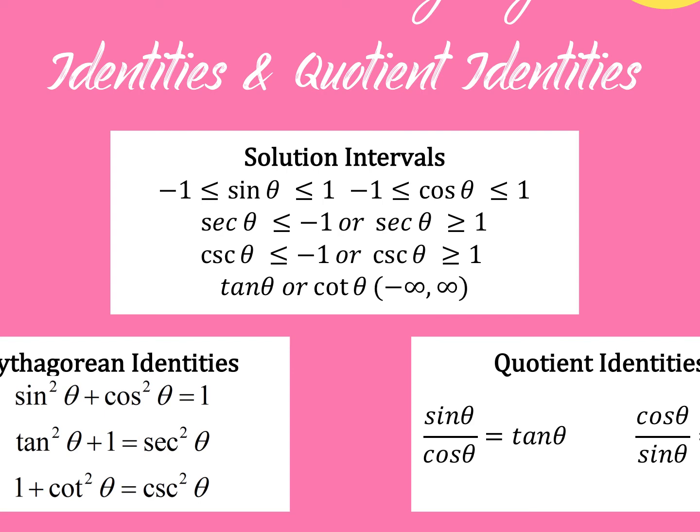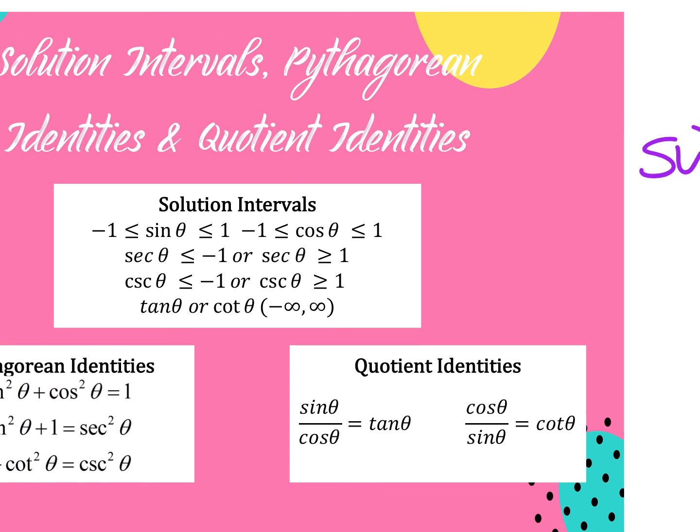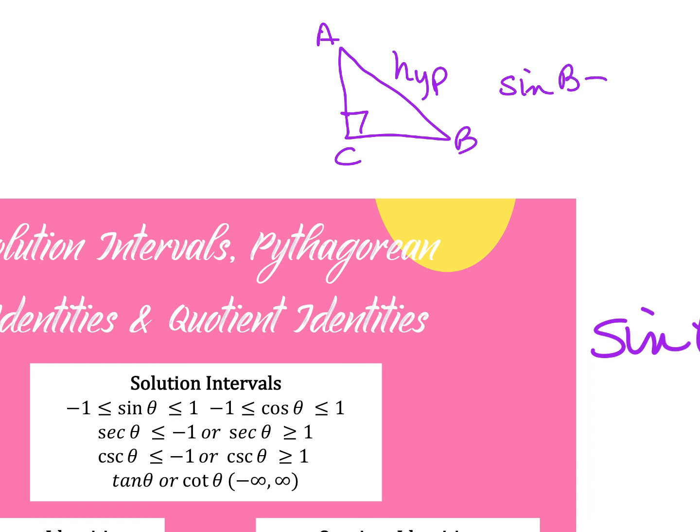Because remember, when we did the trig last year, and we did, for example, the sine of theta, and let me come over here where maybe it'll show up better. So remember, when we did the triangles last year with trigonometry, if I wanted to do sine, let's just say it was like a triangle ABC here, and let's say I wanted to find the sine of angle B. Remember, sine uses opposite over hypotenuse, if you remembered the SOH CAH TOA stuff.